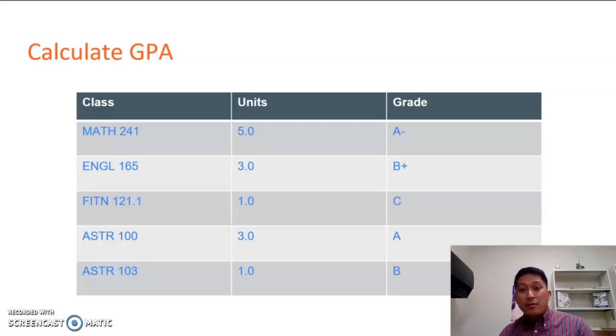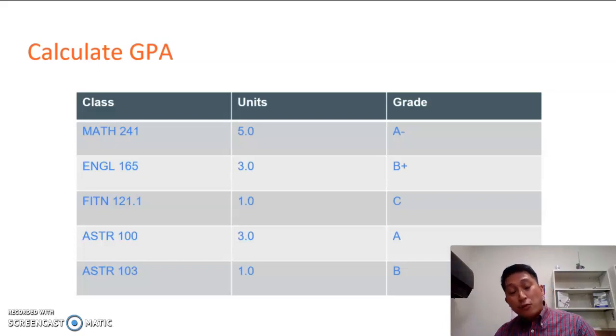So if you add all those together, you should get 45.4 grade points. Then what you want to do is take those grade points added up and divide it by the number of units the student took, right? So 5 plus 3 plus 1 plus 3 plus 1 equals 13 units.